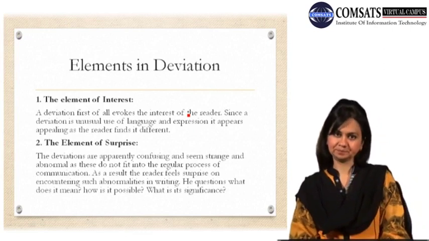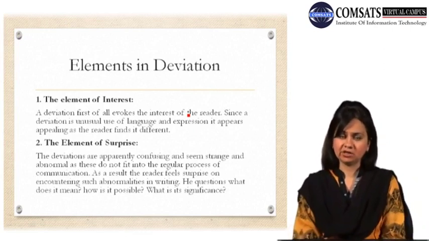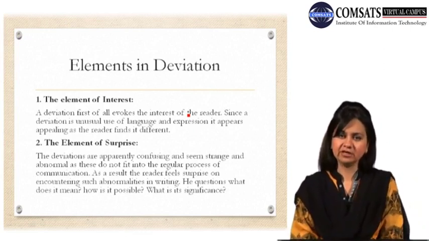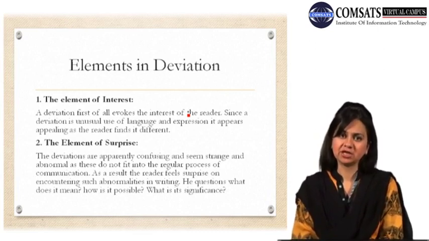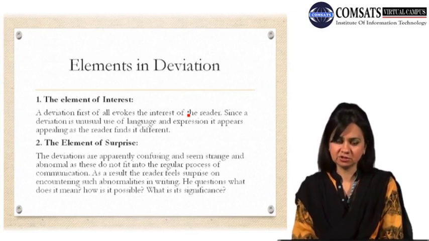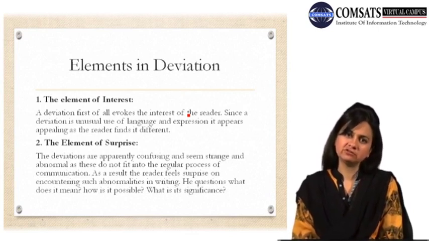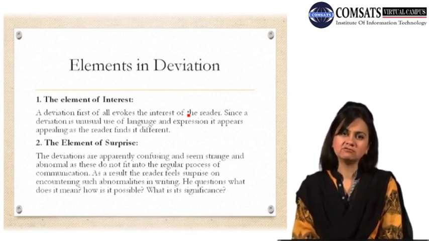So when, as a reader, on encountering a text, we experience a feeling of surprise, as well as interest to know something that is strange and unusual, we are encountering a deviation for the sake of interpretation. So the two elements connected to deviation are the element of interest and the element of surprise.